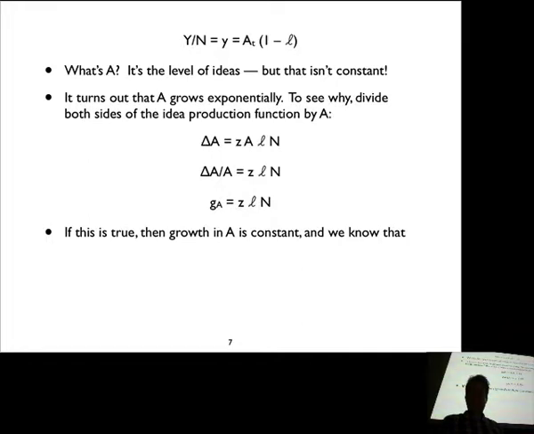Leaving that aside for a second, if this is the case, so there's a growth rate of A and it's equal to Z times L times N, well then we know that the level of A, if it grows at this rate, has got to be equal to this math, where A0 is the starting level, and 1 plus this growth rate, ZLN, 1 plus the growth rate to the tth power is the next part that multiplies all this. So that's the heavy lifting here.